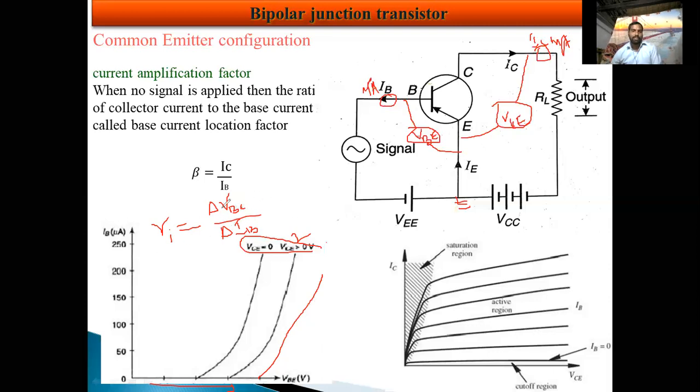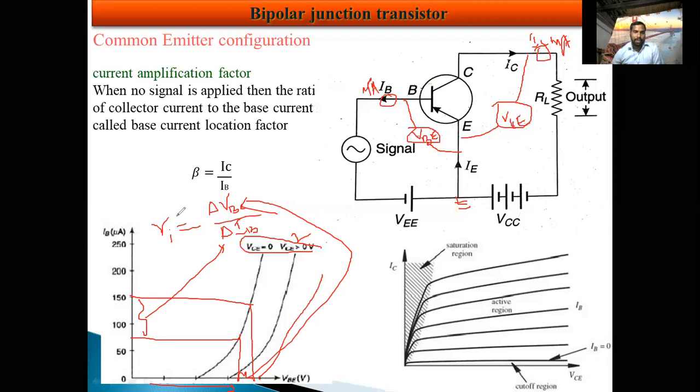Using this equation, we have to determine the dynamic input resistance using these curves. Now for delta VBE, we draw a line here, taking this value and this value. This value corresponds to this value, and this value corresponds to this value on the graph. Using this graph, we have to calculate the Ri value.